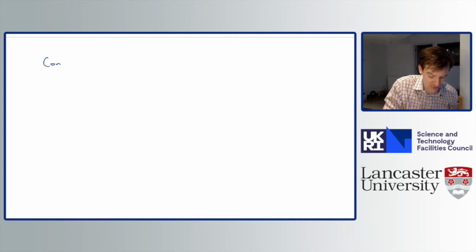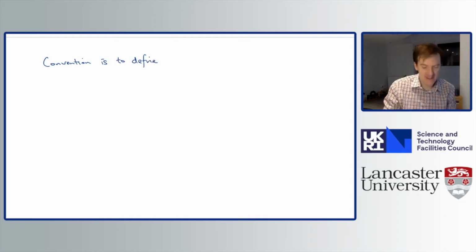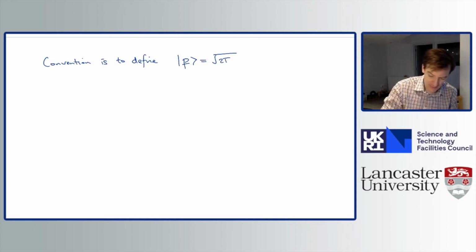Okay, so next I want to briefly introduce some convention that you'll see in most textbooks. Okay, so let's introduce some convention for a momentum eigenstate, for a single particle state. So we've been talking about the state a_p dagger acting on |0>. So it's more conventional to label this state as well with the label p, and to put in this factor.